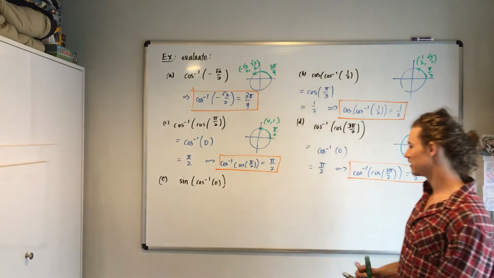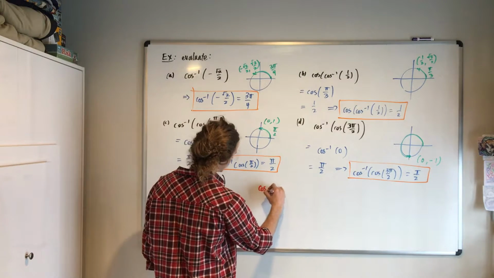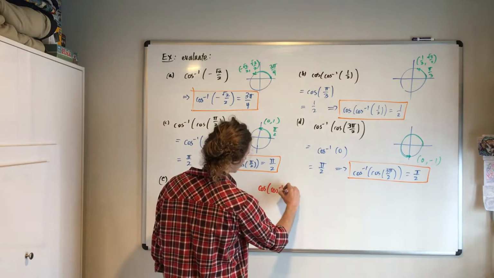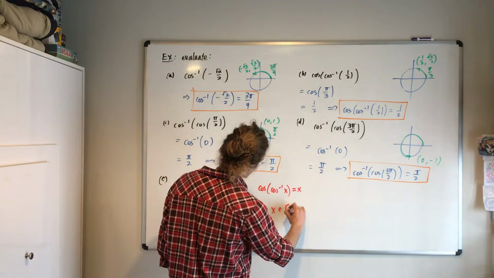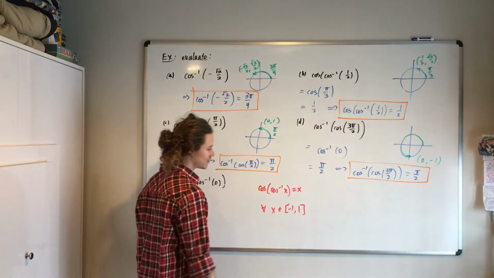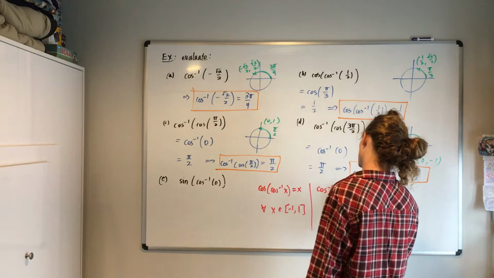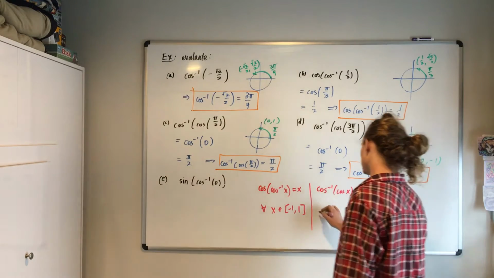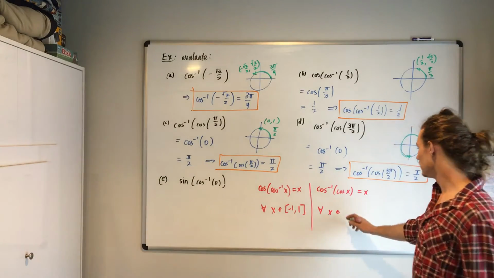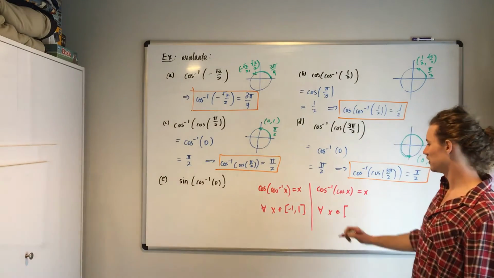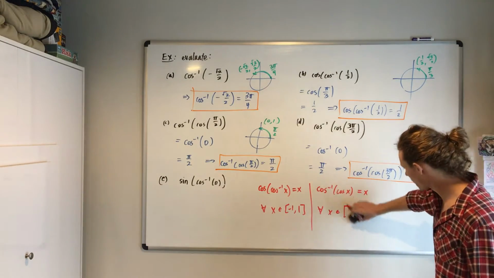So what we can say here, a couple of theorems if we wanted to. First, the cosine of the inverse cosine of x equals x for all x within the domain of inverse cosine. Next, the inverse cosine of the cosine of x equals x for all x within the range of inverse cosine, which is 0 to pi.